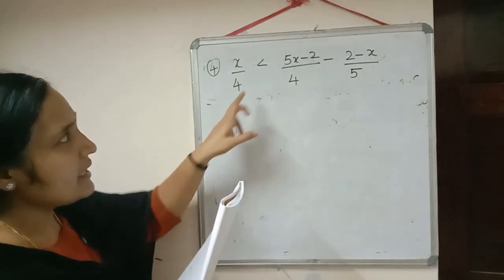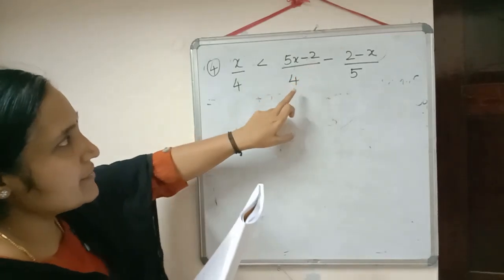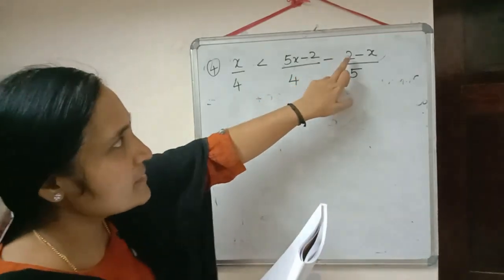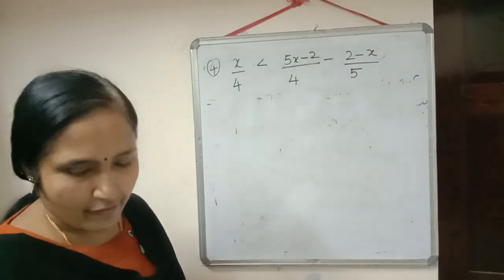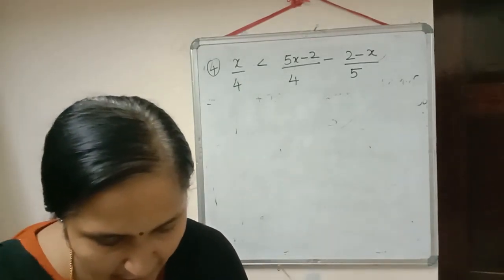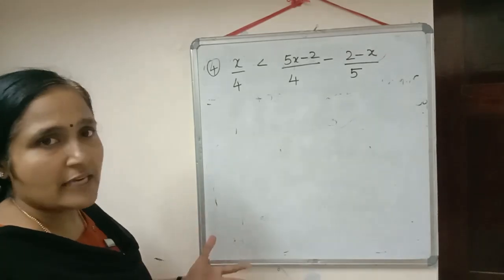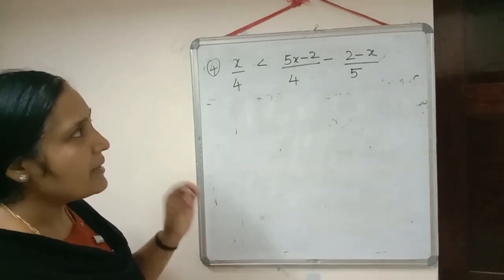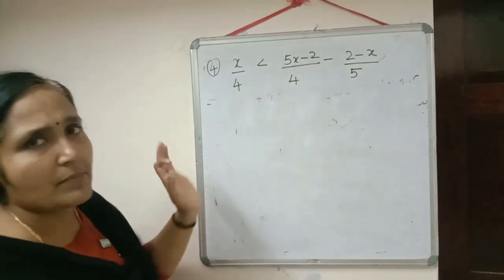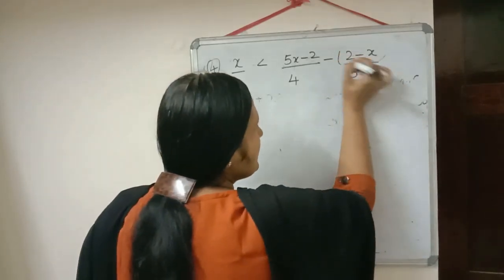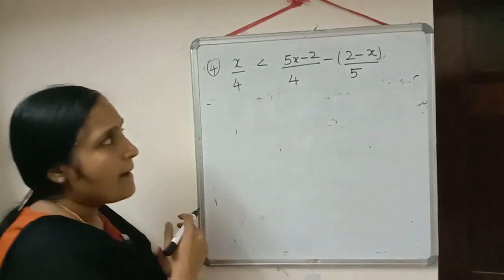Whenever a negative sign is there, you should put a bracket, because in the question the bracket will not be given. But always if you have subtraction, you put the next expression in a bracket.